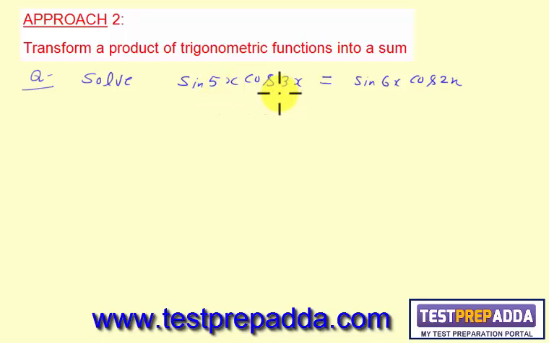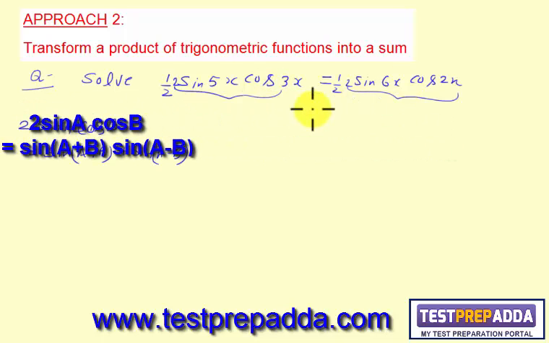Now recall the transformation: 2 sin A cos B is equal to sin (A plus B) plus sin (A minus B).